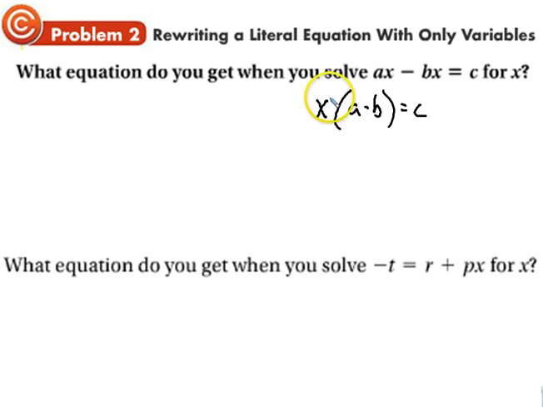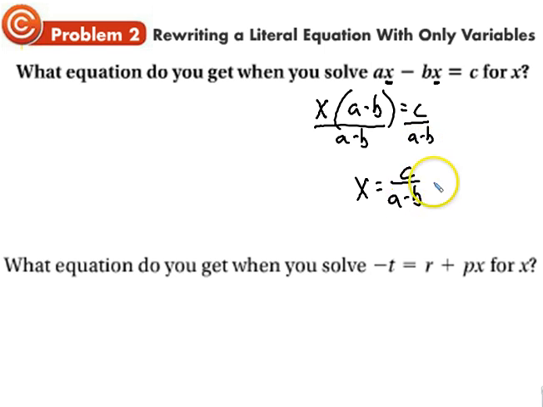Okay, so look, if I take x times a, I get ax. If I take x times b, I get bx. So when I see the variable repeated twice, that means I can rewrite it in the distributive property using x only once. So now all I have to do is divide by a minus b. See how this is all one thing because it's in parentheses? So therefore it's one value.